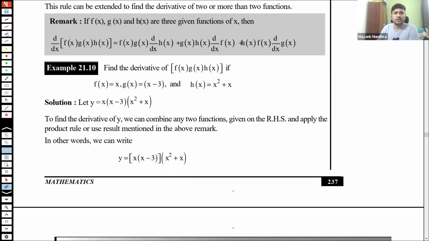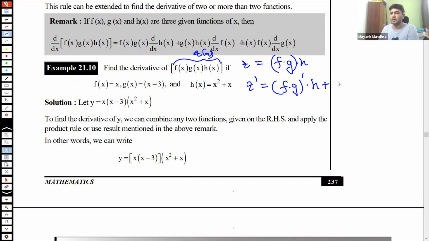So let me say that I call this entire function as z of x. So I know that z is f into g into h. Okay. So z prime. So first I just club f and g. So it's going to be f into g prime into h plus f into g times h prime.